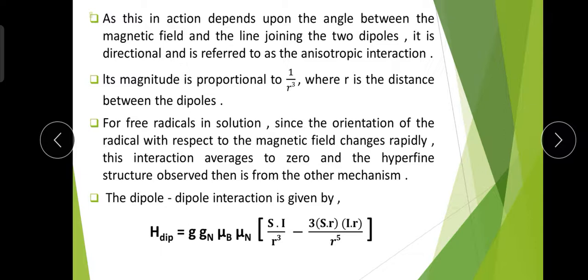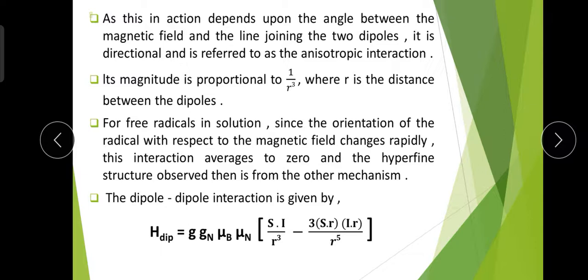So due to the dipole-dipole interaction we get an energy, denoted by H dipole, which is equal to g times gn times mu b times mu n, where g is the Landé g factor due to spin, gn is the nuclear Landé g factor, mu b is the Bohr magneton, and mu n is the nuclear magneton.